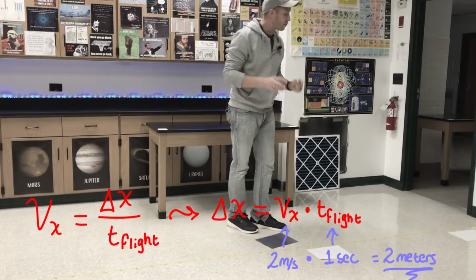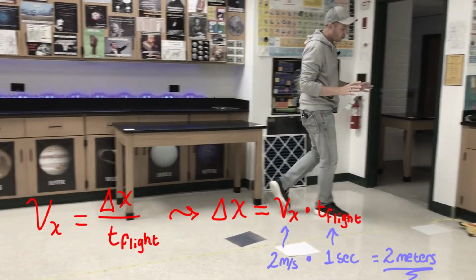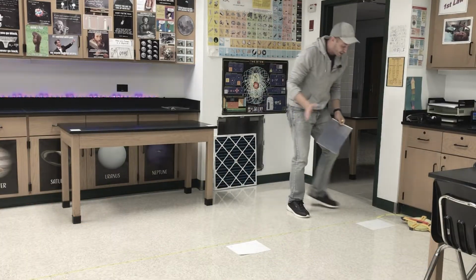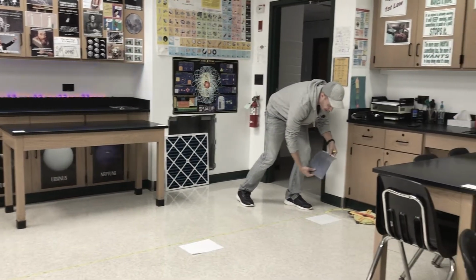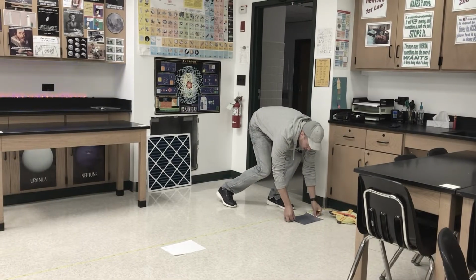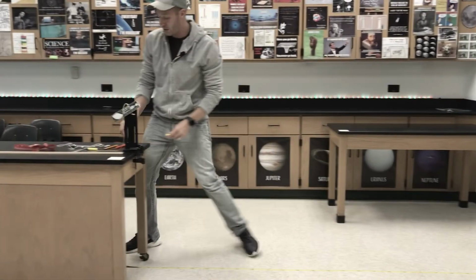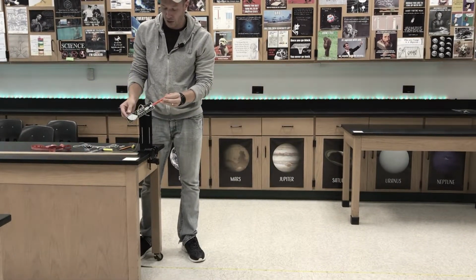So you're going to have a predicted location of where that projectile is going to land. You'll then take a second sheet of paper and put it on that location along with the carbon paper on top, and you'll return to perform now 10 trials.